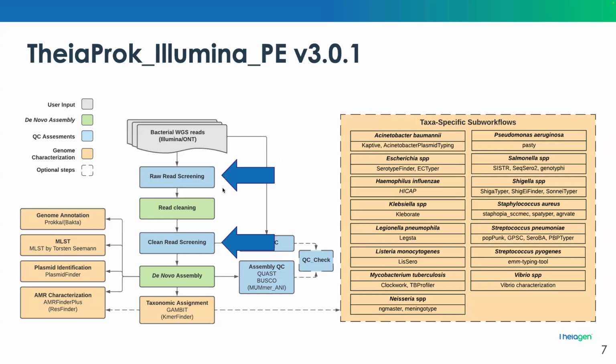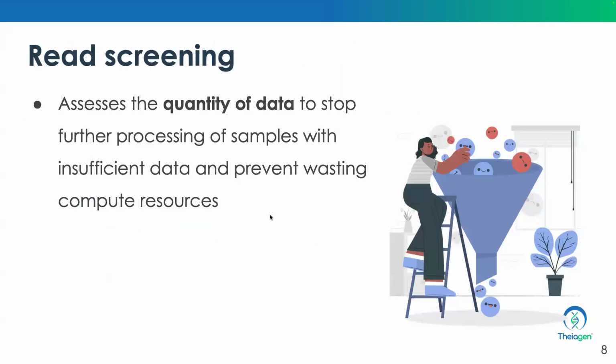Read screening occurs at 2 stages: we have raw read screening as well as clean read screening. Read screening assesses the quantity of the data, and this enables the workflow to stop further processing of samples if there is insufficient data, and prevent wastage of compute resources.